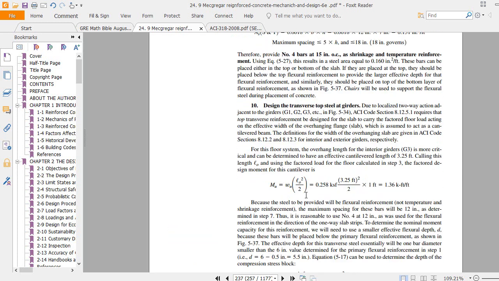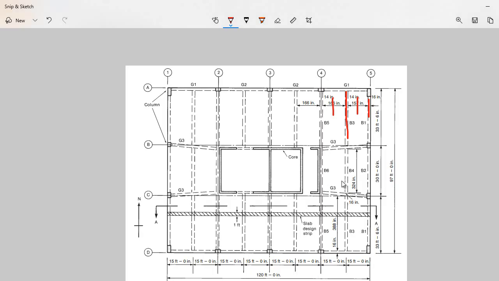Now the next procedure is that we have to design the transverse top steel at girders. This is an ACI code criterion. You see in this diagram, here we have a girder, and here we have a girder.